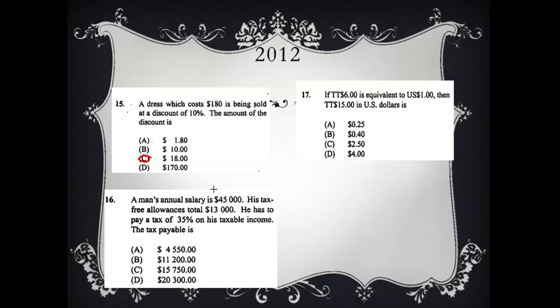The tax payable is, okay, so his tax-free allowance is the amount of money that no tax should be taken from. So the rest of it would be his taxable income. So we subtract 13,000 from 45,000, and that would give us, I believe, 32,000.